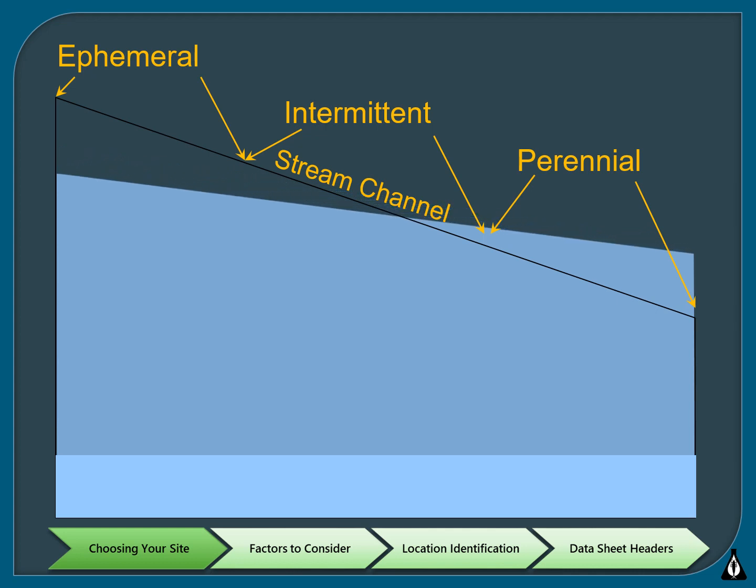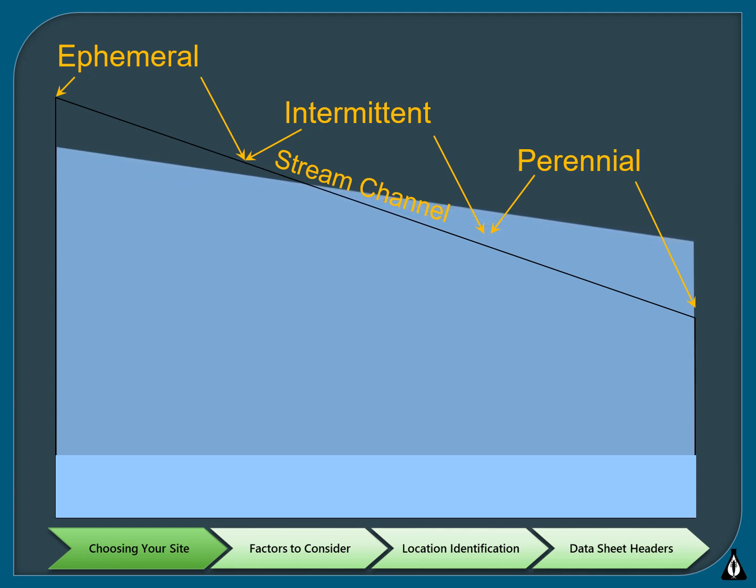These streams are classified based upon their flow patterns, and the flow patterns are relevant to how the stream channel is embedded within the groundwater table. So this up and down feature is showing that groundwater table, and this line here is outlining each type of stream's stream channel.